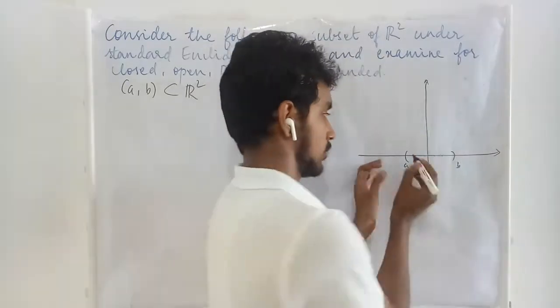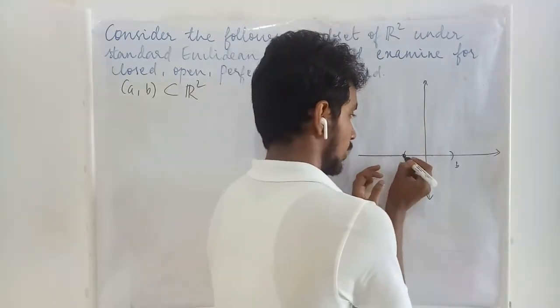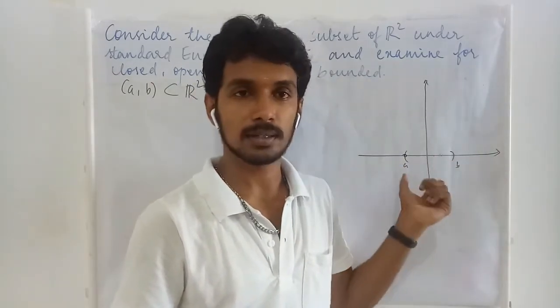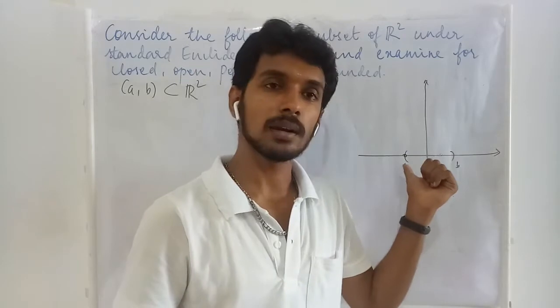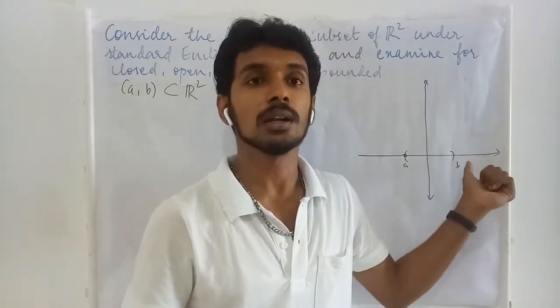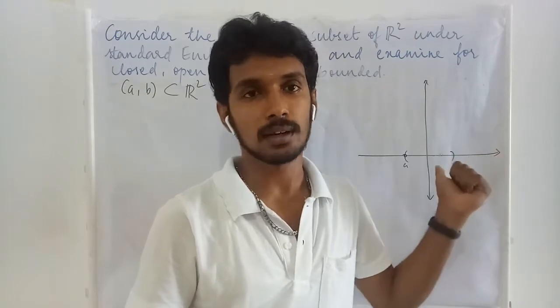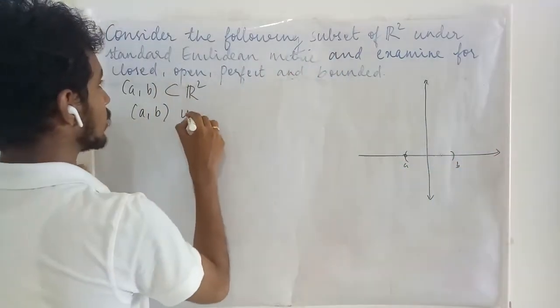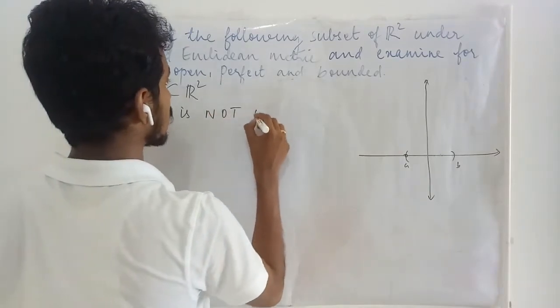However small a radius you choose, you can see some other points of the set present in the neighborhood, but this point is not a member of the set. Similarly, b comma 0 is also a limit point of the set, but it is not a member of the set. Therefore, the segment a comma b is not closed.